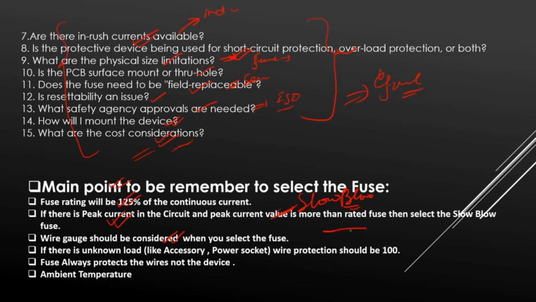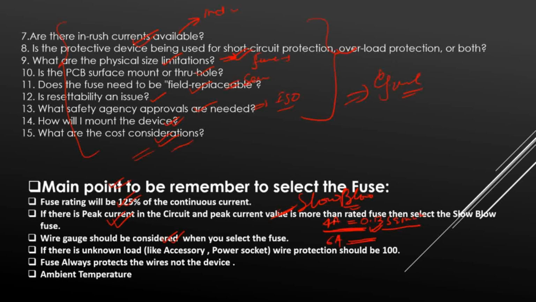So wire gauge, as I told you, suppose your wire gauge is for 4 ampere and you are passing 6 ampere of current, and suppose there is a 0.13 square. I will explain this thing in wire selection in detail, how this particular CSA, cross section area, of the wire is to be selected.